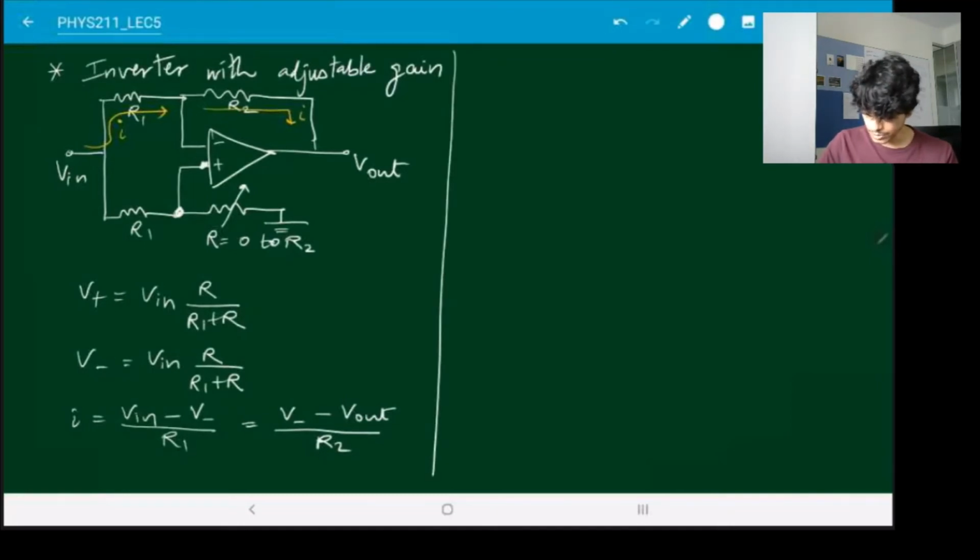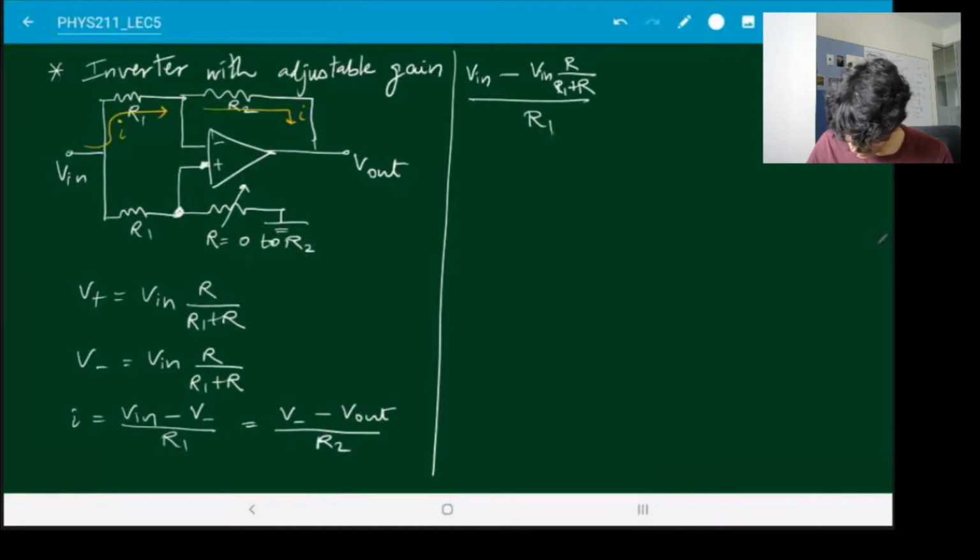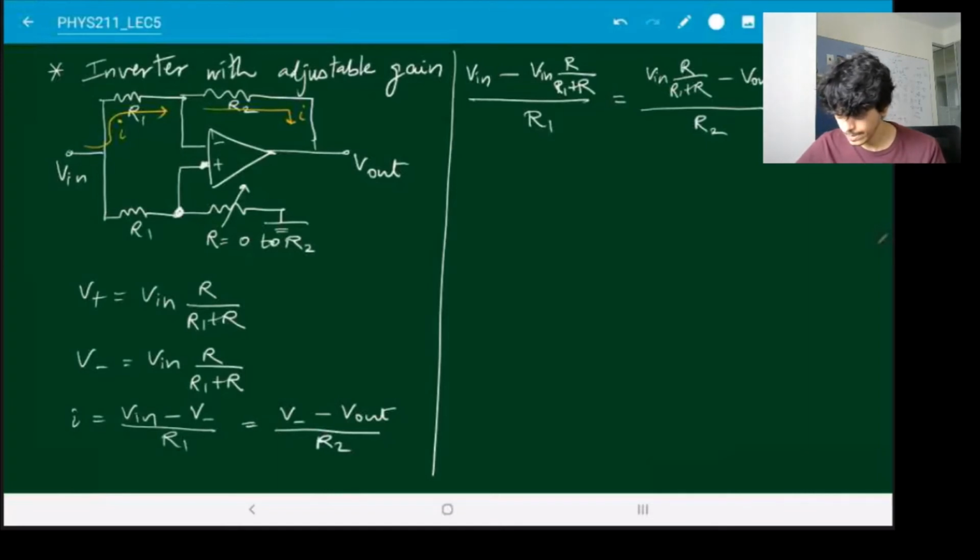So when I solve this equation, I'll plug in V minus on both sides. I get V in minus V in R upon R1 plus R, divided by R1, is equal to V in R upon R1 plus R minus V out, divided by R2.